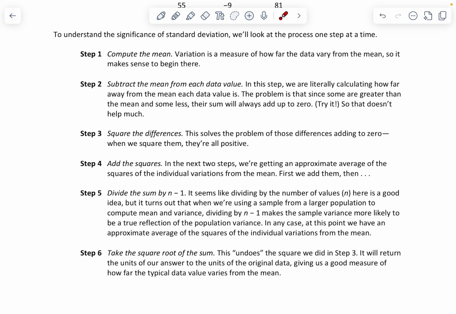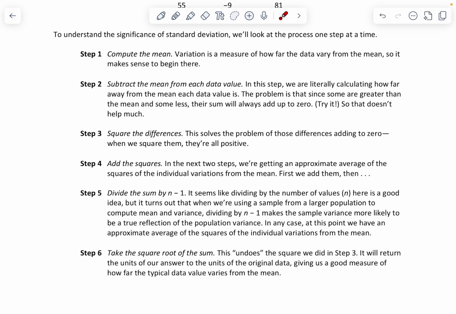However, it turns out that when we're using a sample from a larger population to compute the mean and variance, which is what we're doing in these cases, dividing by n-1 actually makes the sample variance more likely to be a true reflection of the population variance. So it's basically a bit of a correction factor to make your sample variance look more like a population variance. In any case, at this point, we have an approximate average of the squares of the individual variations from the mean.